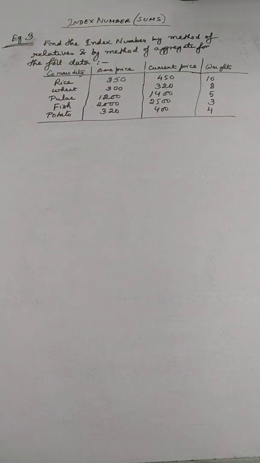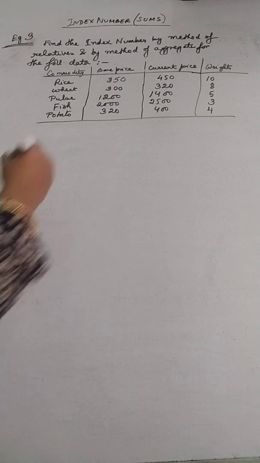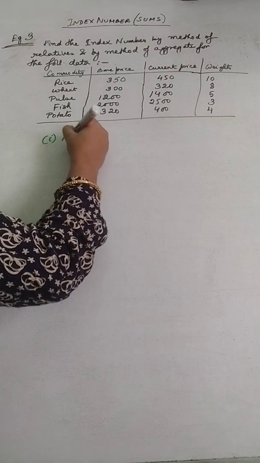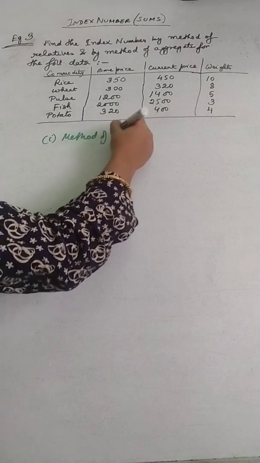Since weights are given, obviously method of relatives will involve the weighted method. Similarly, method of aggregate will involve the weighted aggregate of prices. So method of relatives is the subpart 1. What is the formula? We will write that first. First is method of relatives.